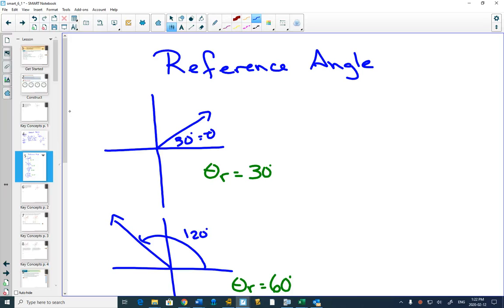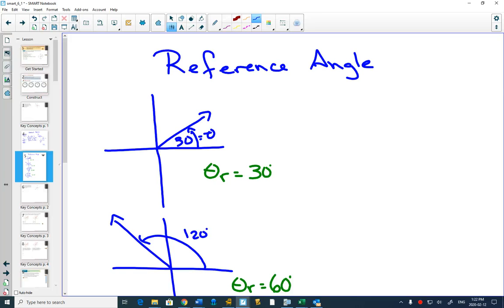Mm-hmm. From the angle. Okay, so this one's 30 degrees right here. So 90 subtract 30 would give me 60. Oh, wait. Yeah, no, I don't know.